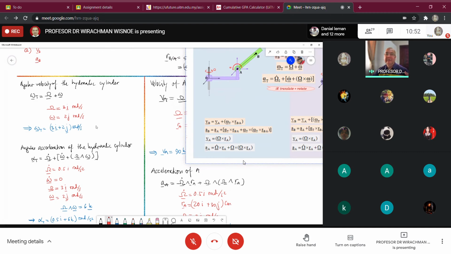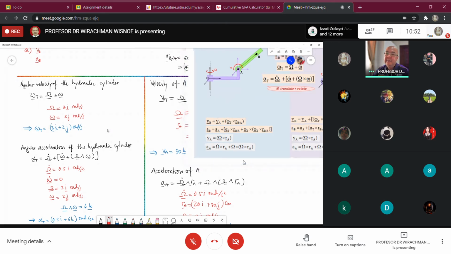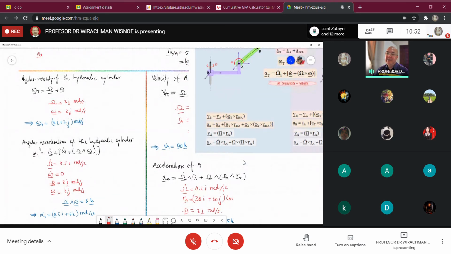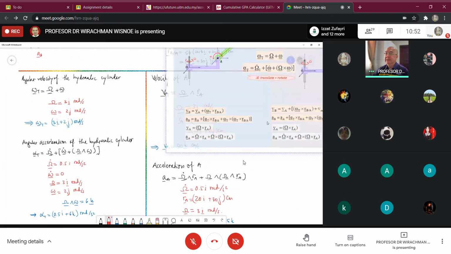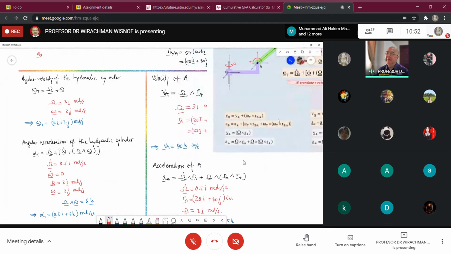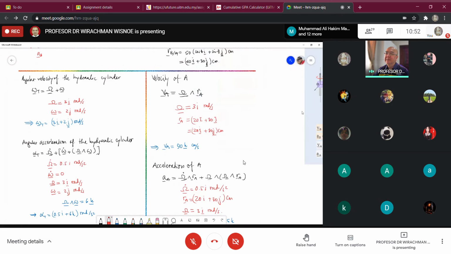Whether one angular velocity is somewhere and the other is in another place, as long as they are connected with something, the total rotation is just the vector sum. The acceleration I calculate the same way, but never mind, let's focus on the velocity.